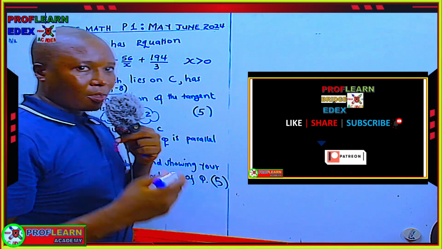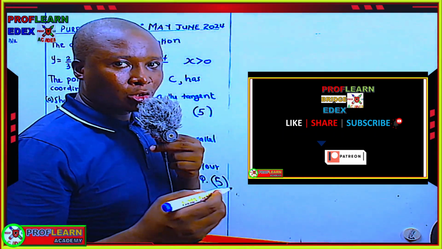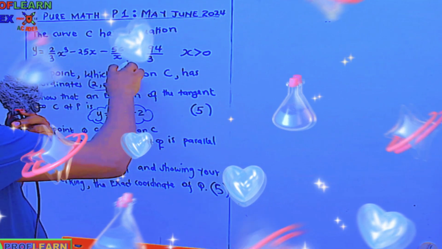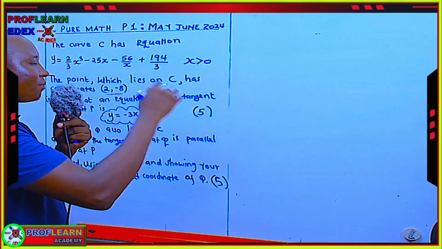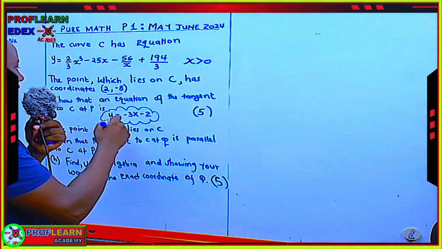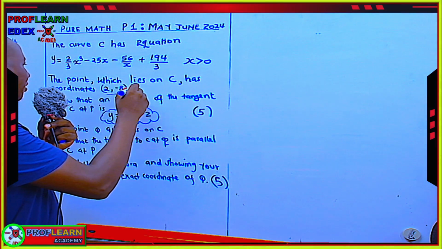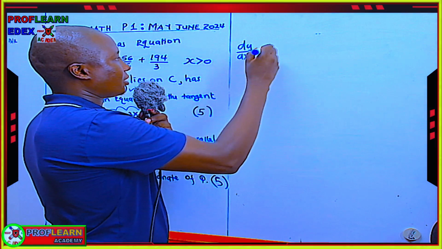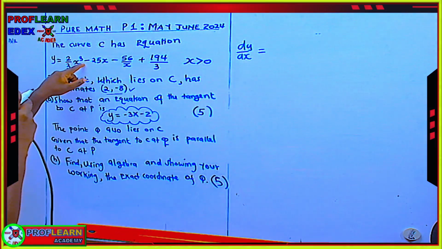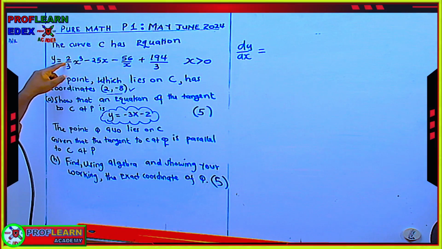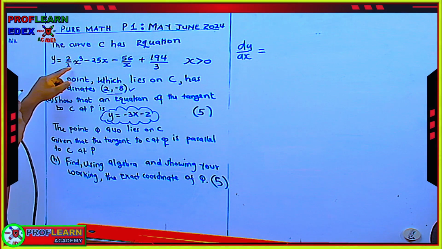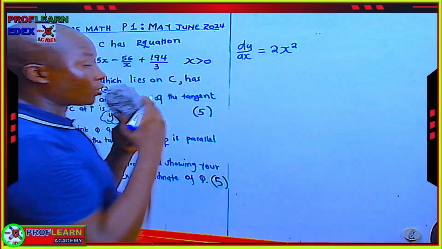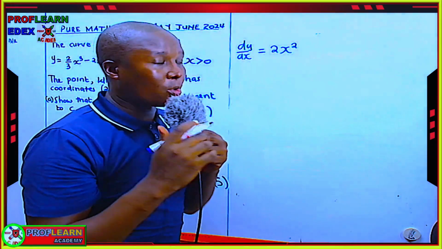So first, we know that if you use differentiation, you can get the gradient of a curve. So we're going to differentiate so that we can get the gradient of the curve at the point P. So dy/dx is going to equal, if you are differentiating, you take the power down, so it will be 2 over 3 times 3, and that's going to translate to 2x raised to power 2, because we decrease the power by 1.